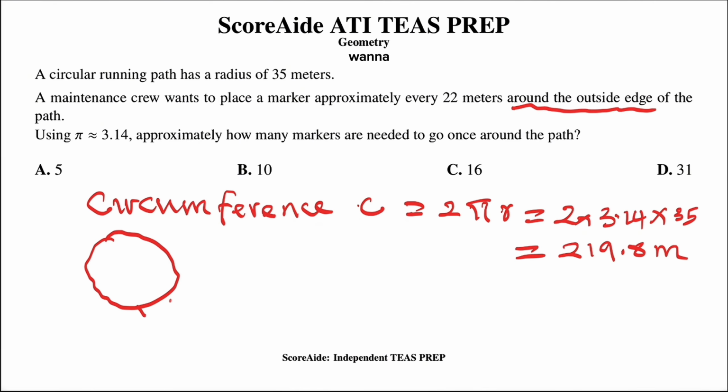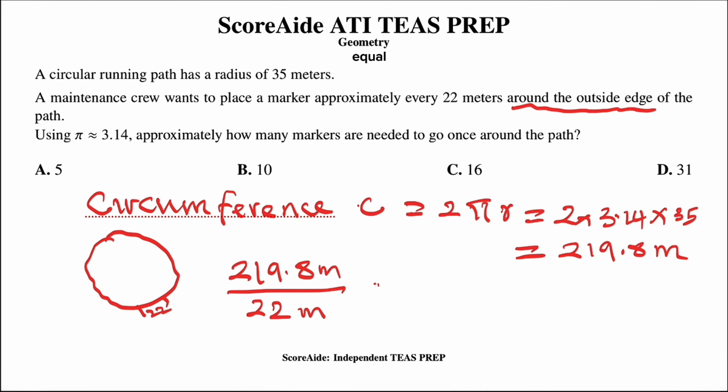We want to place a marker around this path, and that marker will be 22 meters. So how many of these 22 meters will go around the circle? Right? So we are gonna be having 219 meters, all this divided by 22 meters.